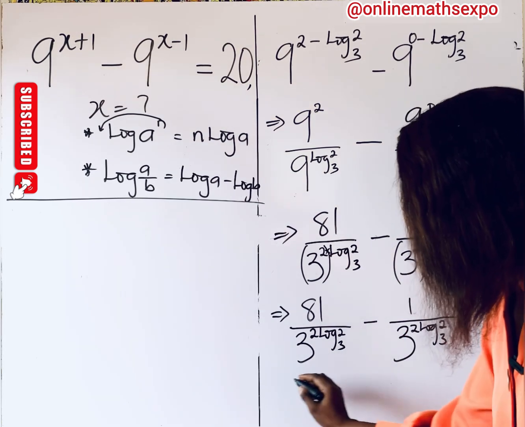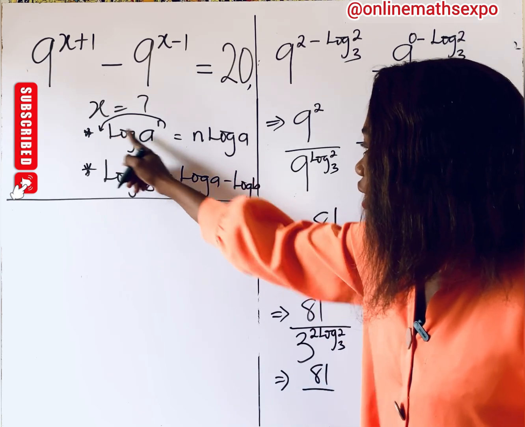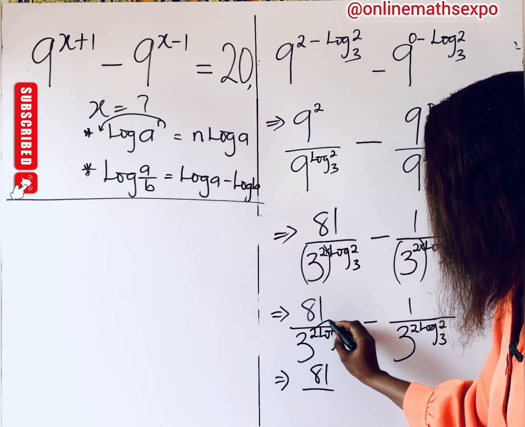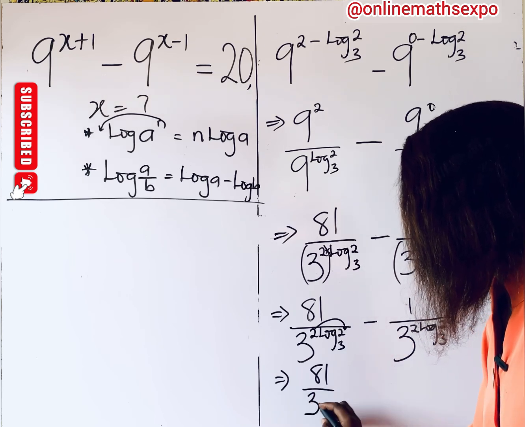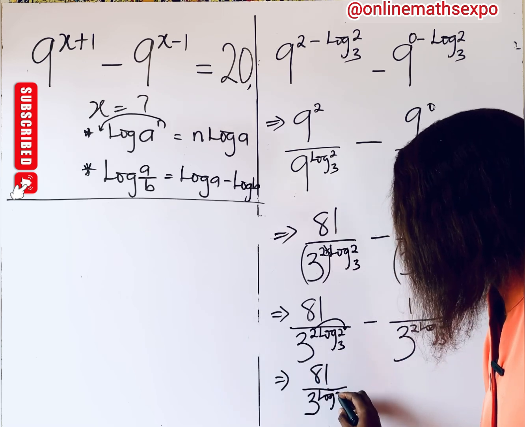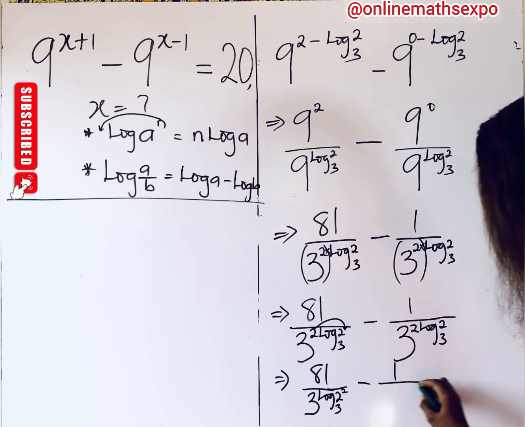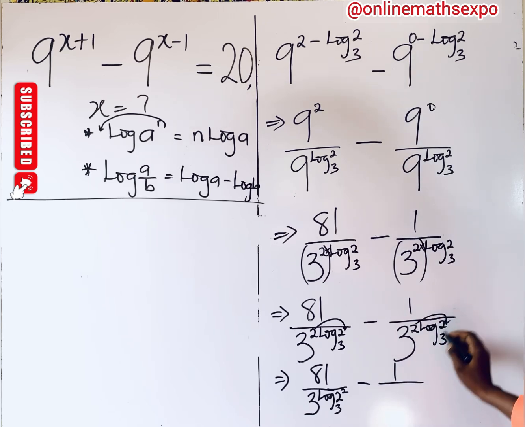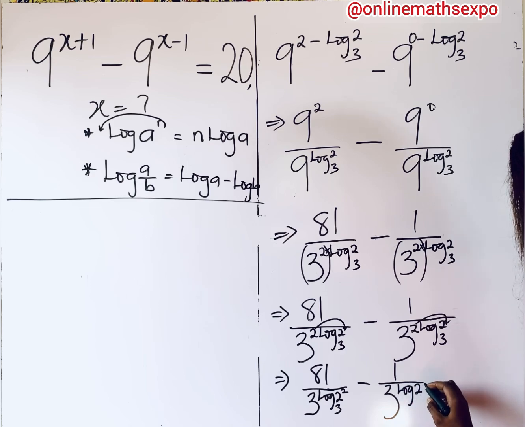Now this will still give us 81. Use this, okay? So we're going to return this power here. And if you return it, you are going to have 3 to the power of log 2 squared base 3. Then minus 1 over, if you return this here, it becomes 3 to the power of log 2 squared, then base 3.